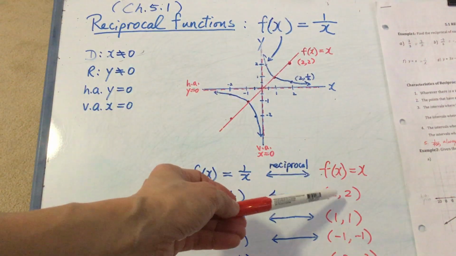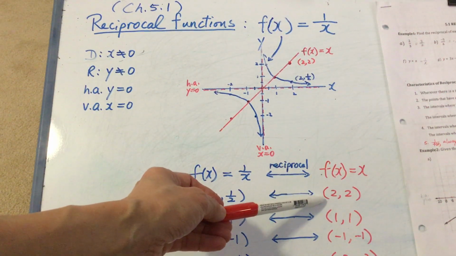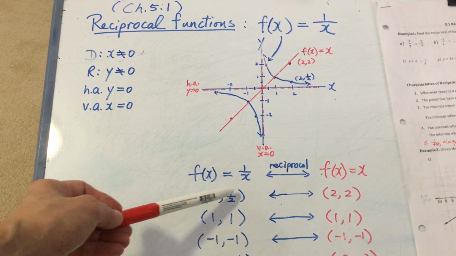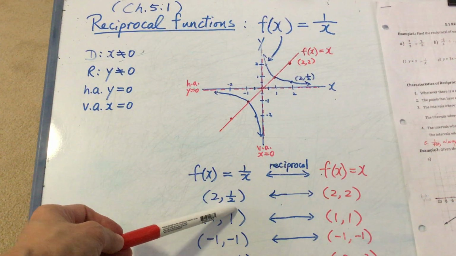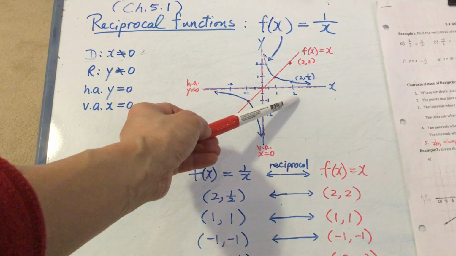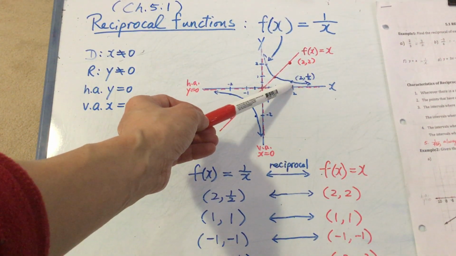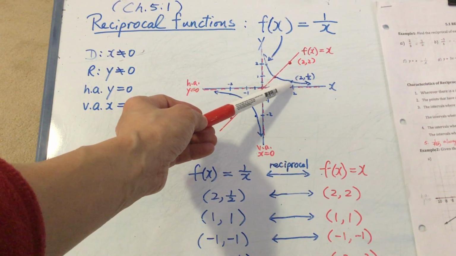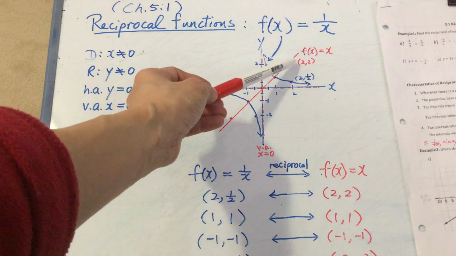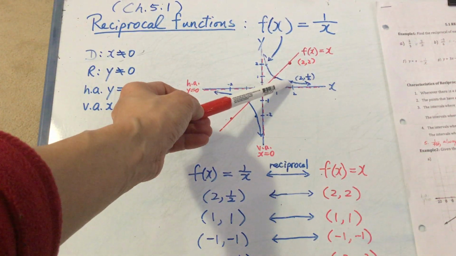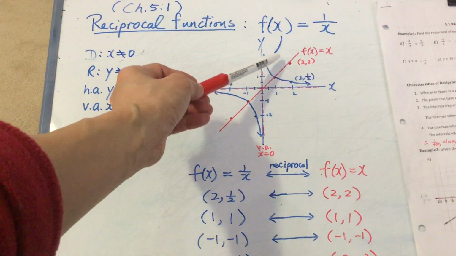Okay, for that same point, if you look at the reciprocal of it, for x equals 2, the y coordinate becomes 1 over 2. So as you can see here, for x equals 2, the reciprocal function y equals 1 over x will have the point (2, 1/2). So this point here is the reciprocal of that point from the two different graphs, or vice versa.